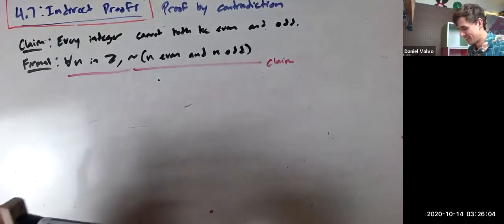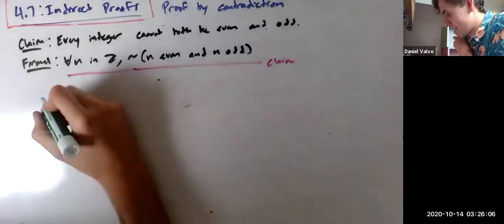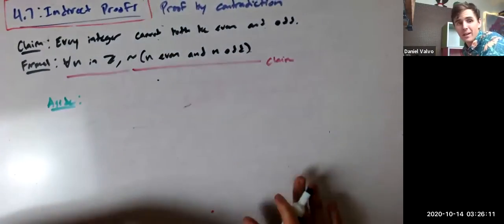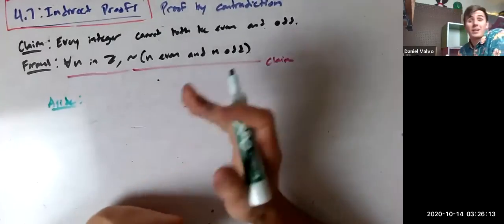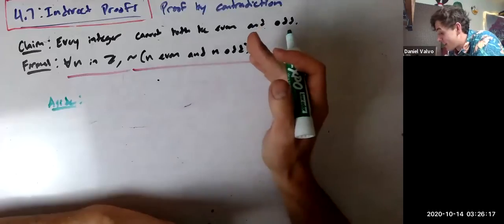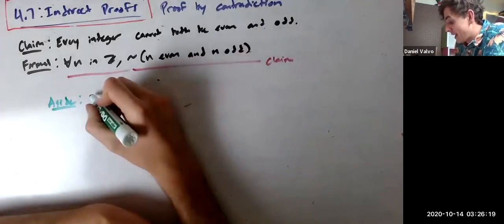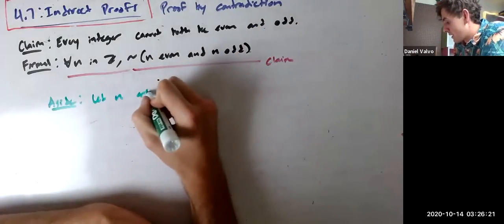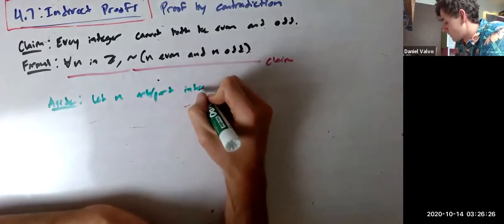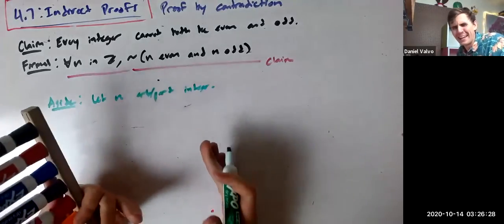So let's do an aside. If we try to prove this directly, we are stuck right away, in the sense that the only thing we really know about n, if we let n be an arbitrary particular integer, is that n is an integer.